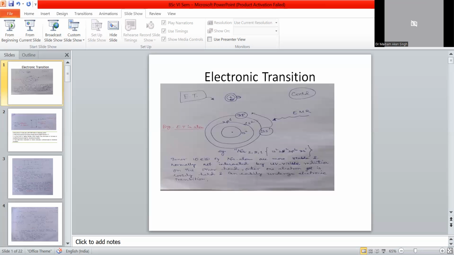The bond length may increase or decrease, and it also modifies the bond angle. Any modification in the bond length, increase or decrease, changes the bond angle. This is called vibrational transition.